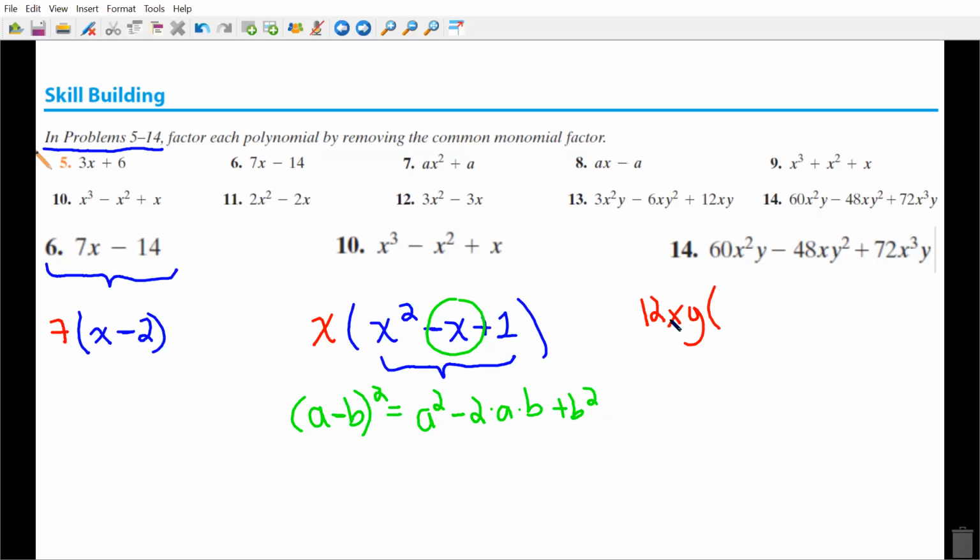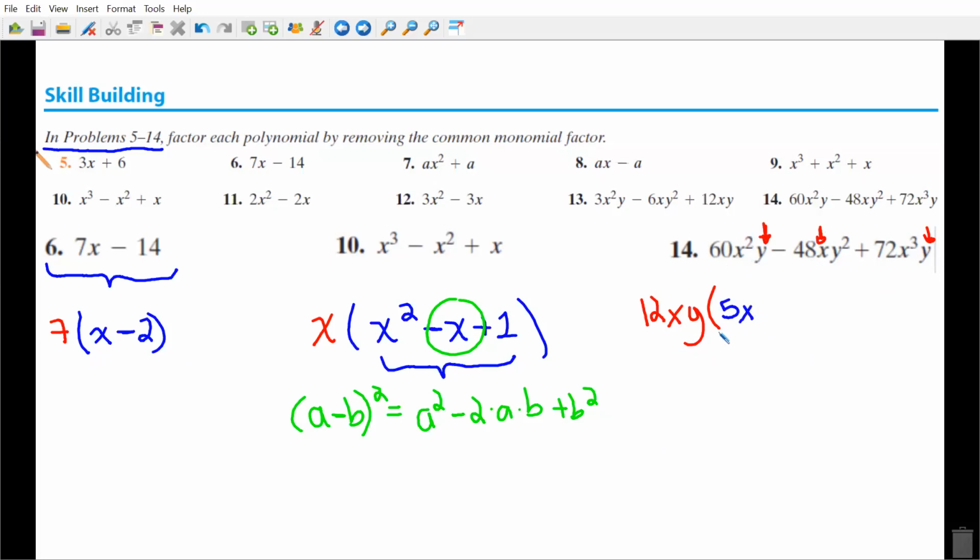You chose them because the x with the smallest exponent is this one, and the y with the smallest exponents are these two, right? So that's the greatest common factor of this trinomial. 12x times y. 12 times what is equal to 60, guys? 5. X times what equals x squared?